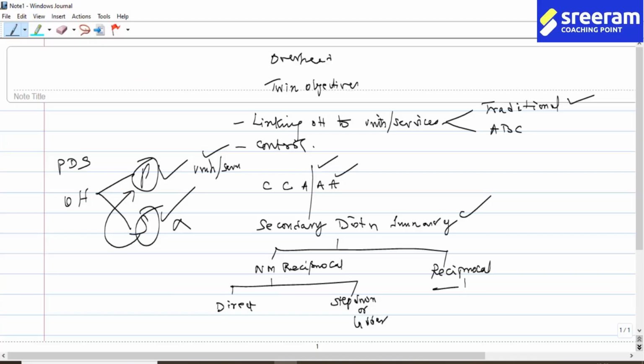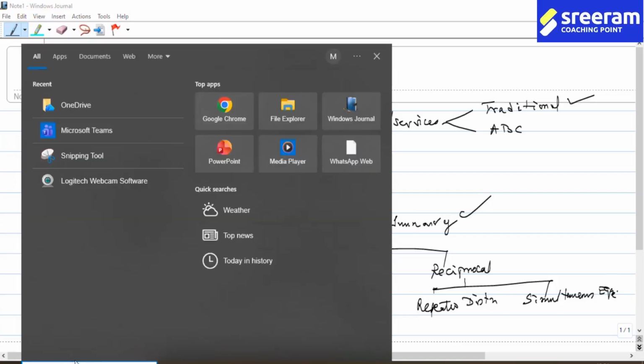And in reciprocal, you have two methods: the repeated distribution method, and the simultaneous equation method. In one problem, we would like to see all four methods being adopted. That is, all four methods will be used in one particular question. What is that question? Now we can take that up for our discussion.